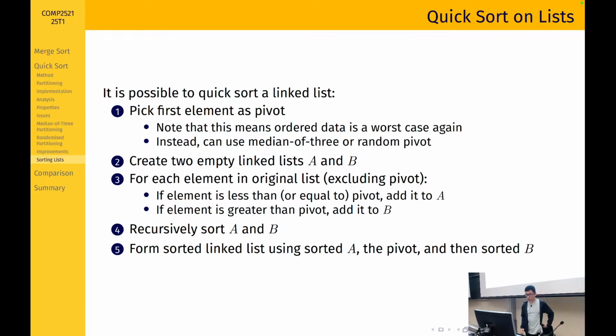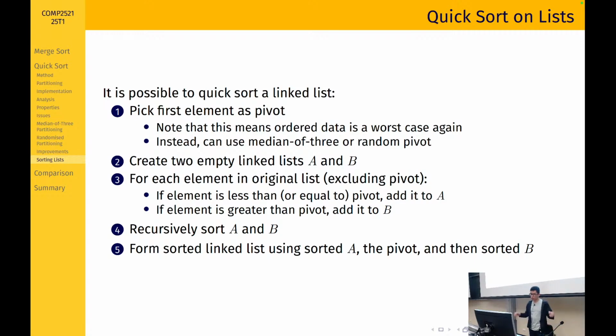Okay, and finally, how can we quicksort a linked list? It is possible, and you can do it in a similar way to how quicksort works on arrays. You can choose the first element to be your pivot, and then take the rest of your list and split it so that you have one list with all the elements smaller than the pivot and another list where all the elements are bigger than the pivot.